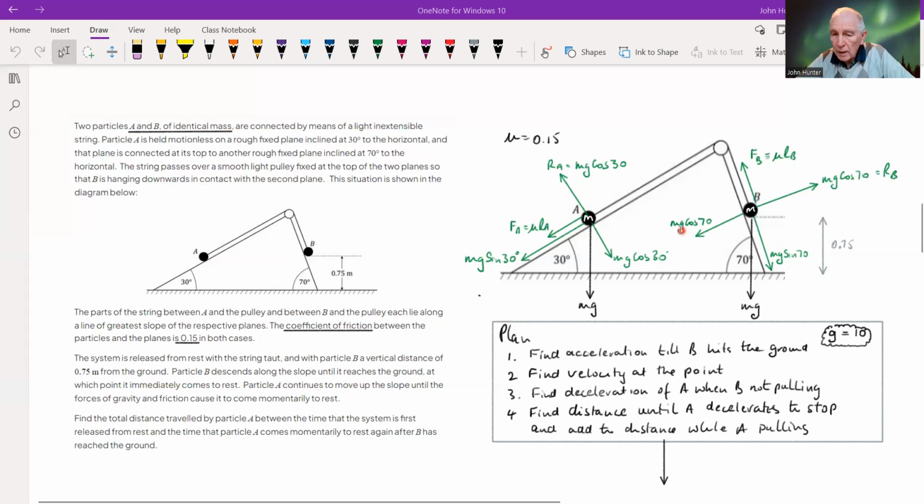So the resolved part of the weight, mg cos 70, is counterbalanced by this reaction force. So the reaction force is also mg cos 70.